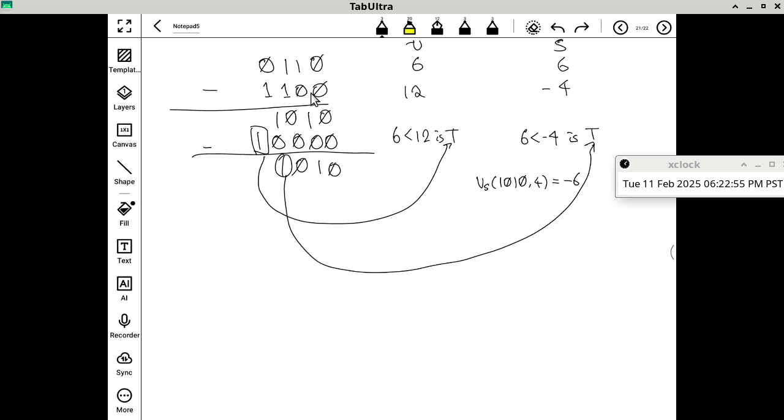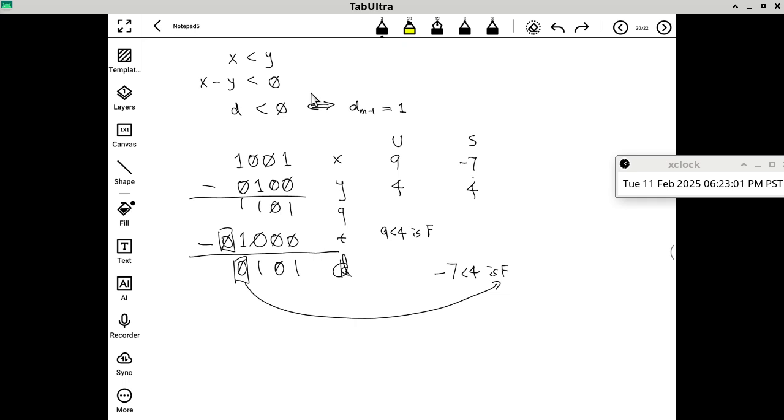So how do we know that we have an overflow situation? I have demonstrated two overflow situations here. This is also an overflow situation, because what is -7 minus 4? -11. Is -11 outside of the range of a signed 4-bit integer? Yes. And as a result, look at this sign bit here.